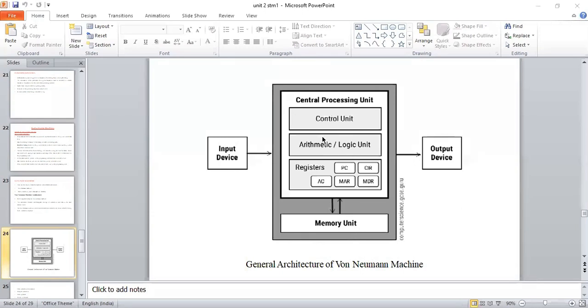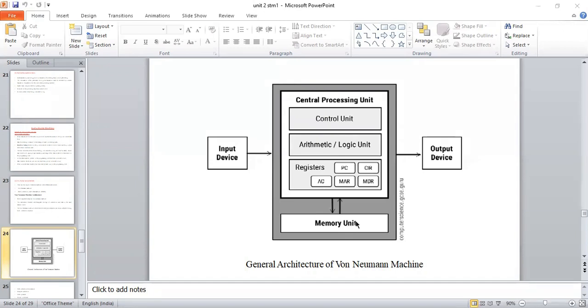In the central processing unit, we have three parts: the control unit, the arithmetic logic unit, and registers. The memory unit contains the data and instructions. In the von Neumann method, data and instructions are both stored in the memory unit only. For example, if you want to do a calculation like A plus B, the instruction is taken from the memory unit and executed in the central processing unit.